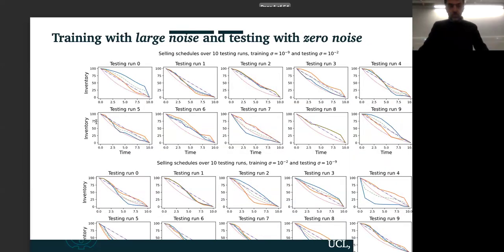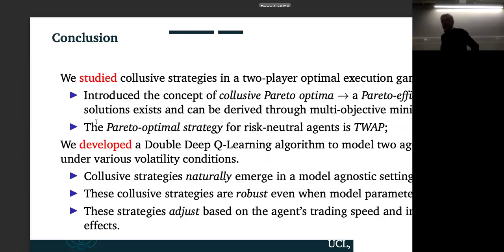Okay, I think I can stop here. Essentially, what we did in this second part is to study what we can call collusive strategy. This is a little bit debated. The paper is out, but we have not submitted yet, and we are undecided whether to use the word collusive, because apparently there is a debate about this.